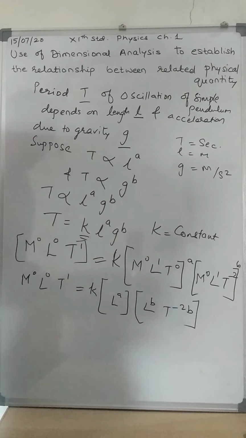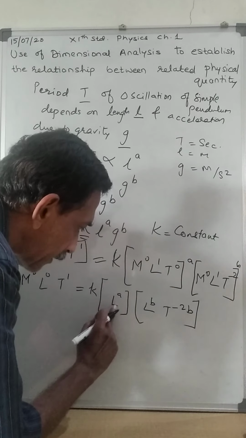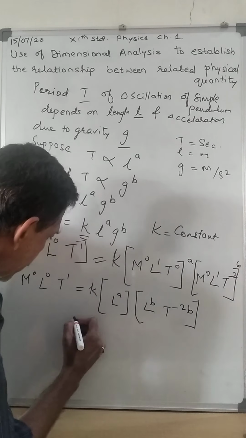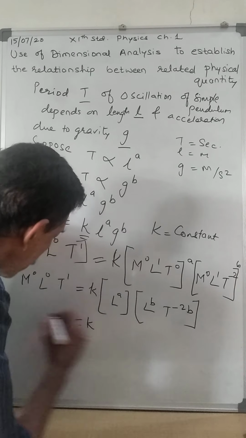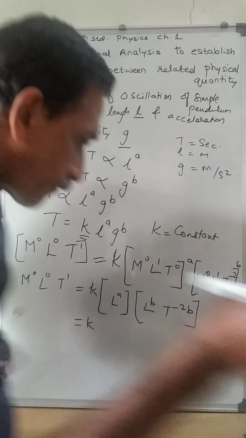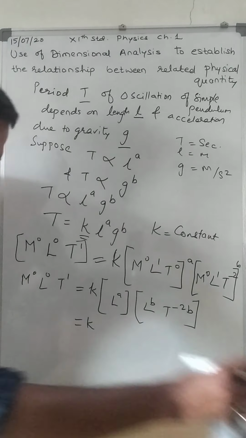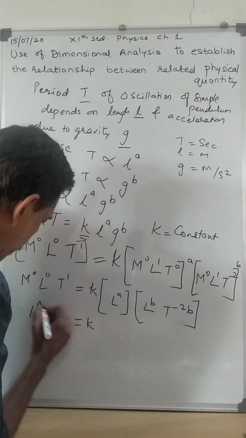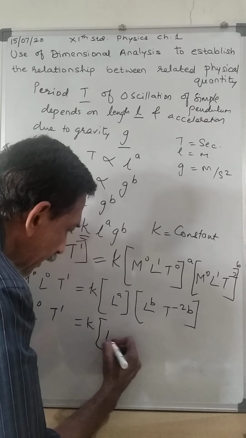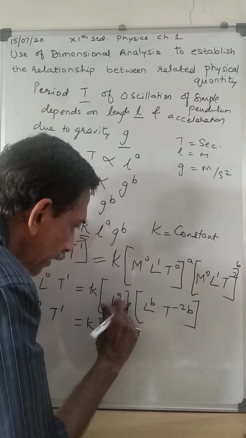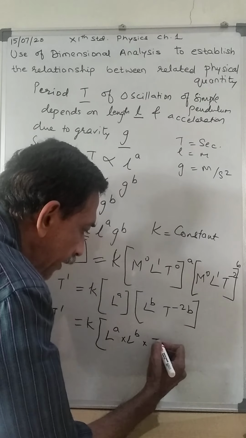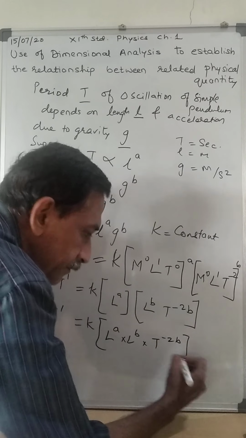Now, base same, index A and B. So we have L raised to 0, T raised to 1 is equal to K into the bracket L raised to A, into L raised to B, into T raised to minus 2B.